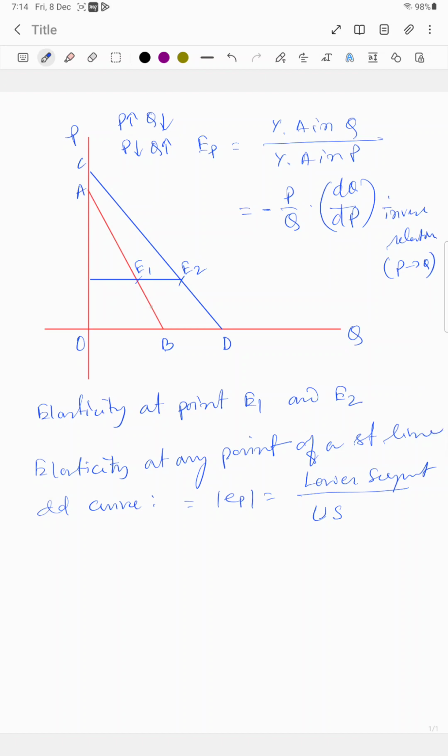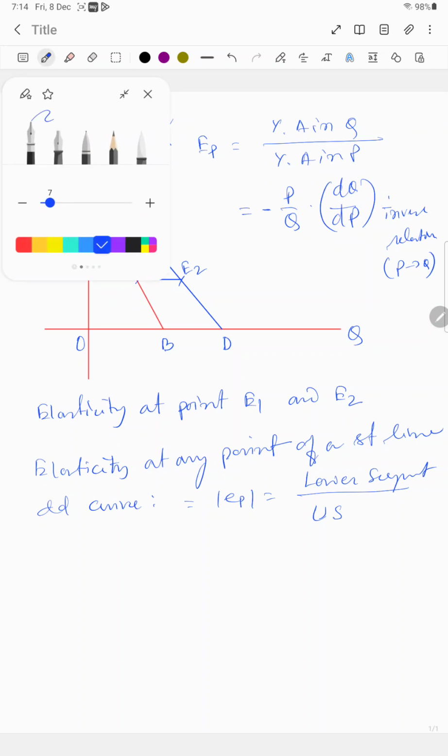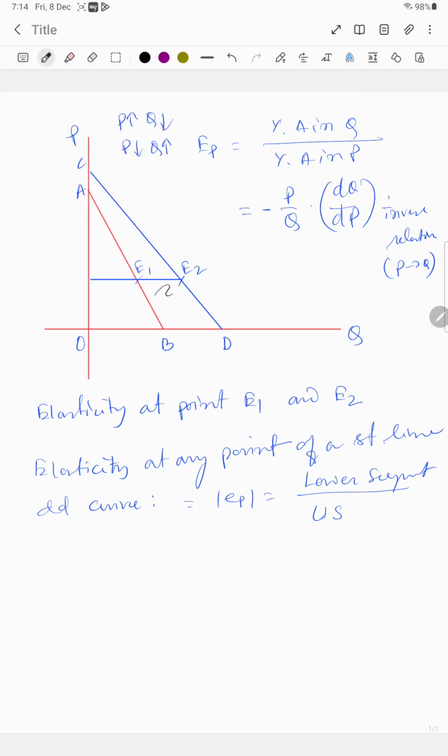So here, what is the lower segment? This part is the lower segment and this part is the upper segment. For this one, this will be the lower segment and this will be the upper segment.